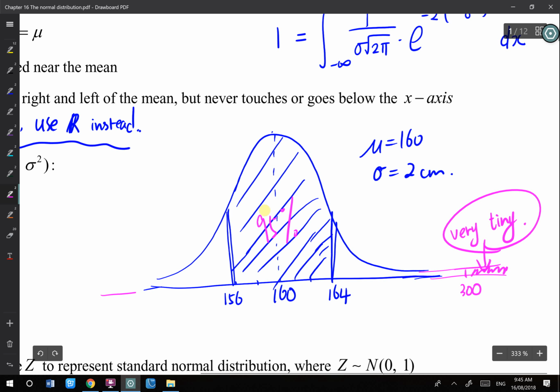And same for the lower end. Let's say you can't really go below 50 centimeters. From 160 to 50, there's 110 difference in between. So it's the really far tail part, really far away from the mean, so it's very, very tiny here as well. Maybe 0.000000001, something like that for this bit and this bit.